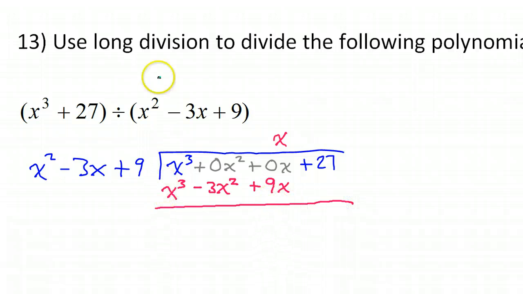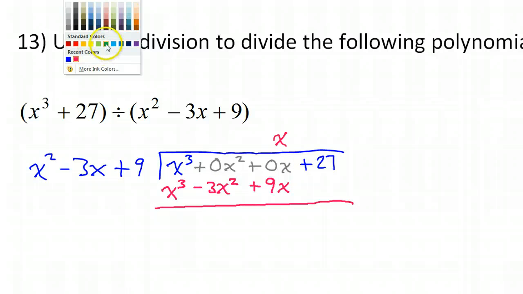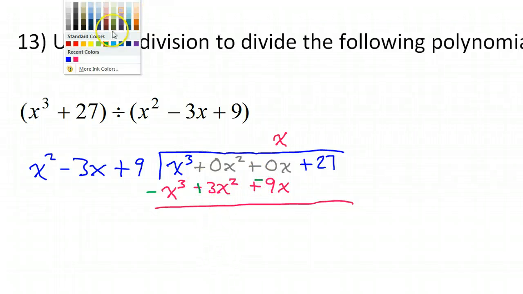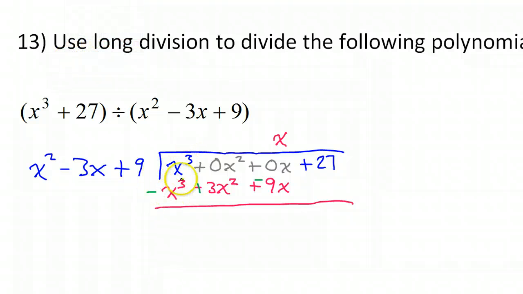Okay, now you immediately subtract by changing all the signs. So this is going to become minus, this will be plus, and this will be minus. So these are gone, but here I will have 3x squared. Bring that down.